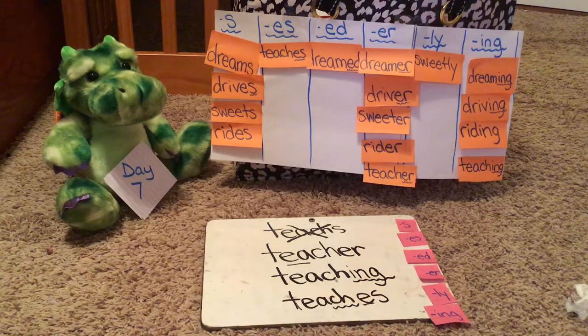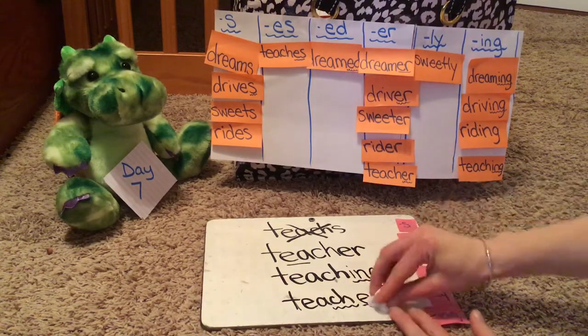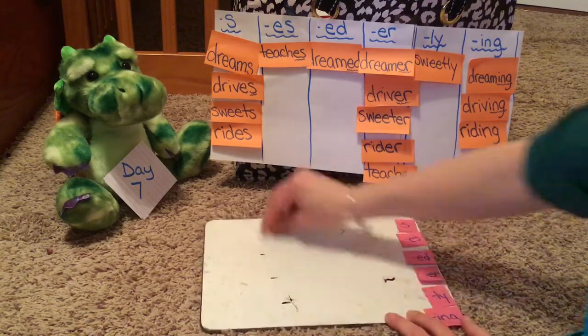All right, the first one I want you to try by yourself is remind. That's your base word. So that's that prefix. You could add that after you write the word mind. I'll go ahead and write that on my board too.